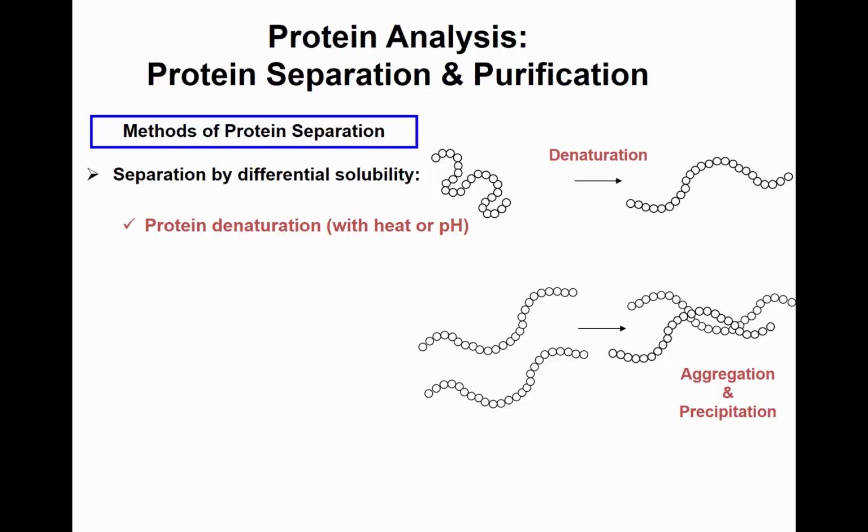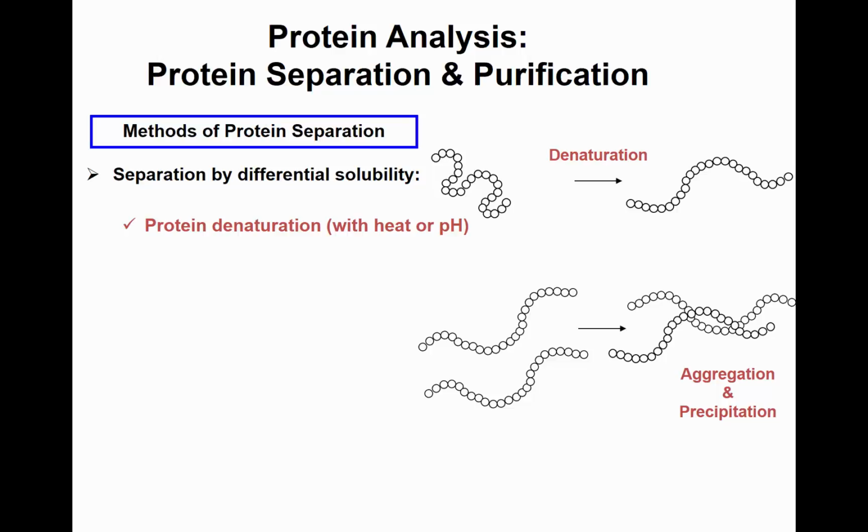So this is not something that you would do when you care about the final structure of your protein, but still it is used to separate or precipitate the protein. So denature the protein at a particular temperature.